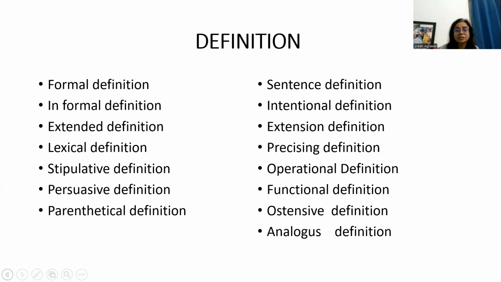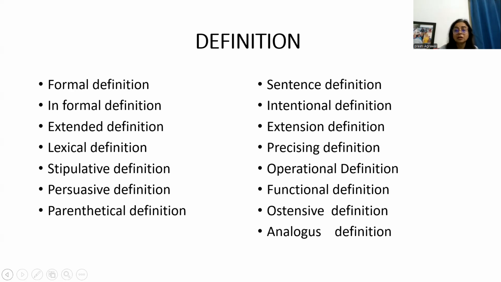Extended definitions: whenever we are using something to explain some term. Lexical definition: meaning in common vocabulary, whatever we are using. Stipulative definition: this is a new meaning given to an already existing one. It can be different from the actual meaning.